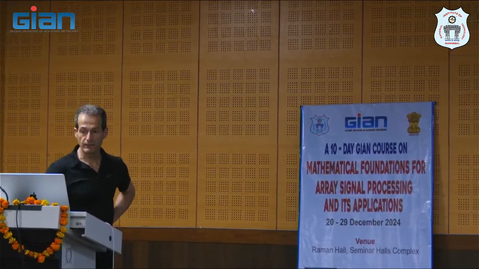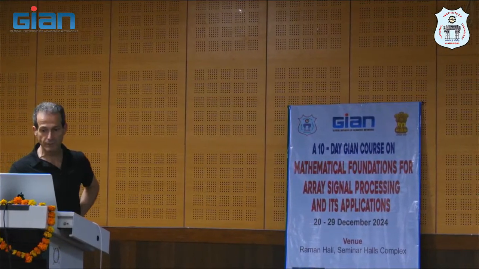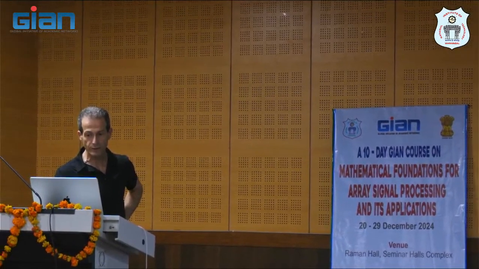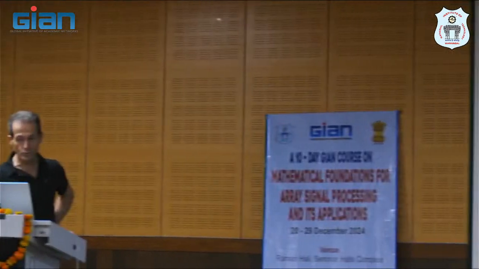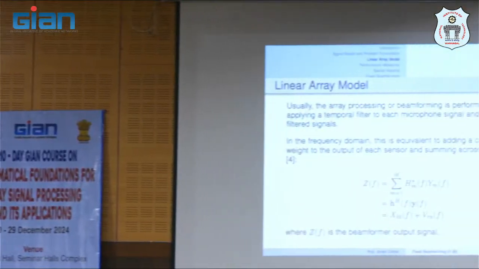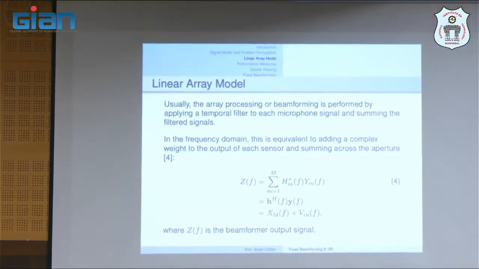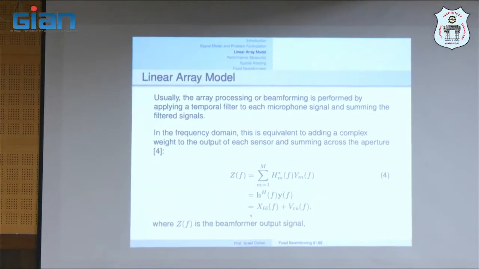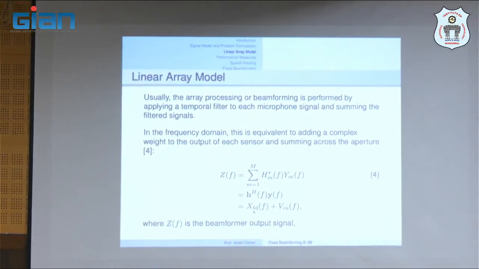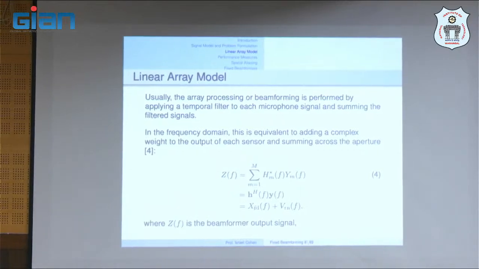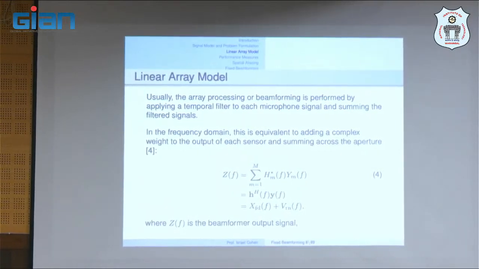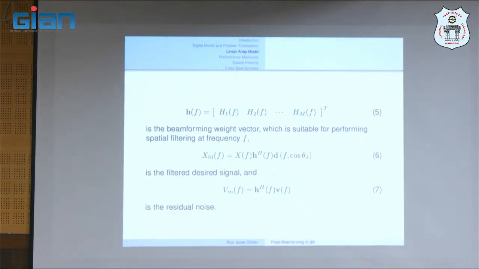Now, the linear array model for the beamformer is similar to what we did with signal enhancement. So we have two components of the output: the filtered desired signal plus residual noise. But we don't make any assumptions about the desired signal other than that it comes from a certain direction. So if we write the filtered desired signal, when we apply it like this, the residual noise will be the beamformer applied to the noise signal.